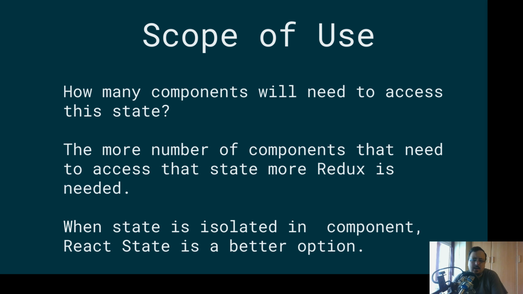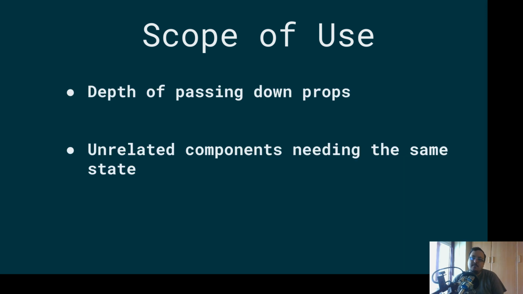So that would be an example to put it in Redux, and if it's just in a unique component, just keep it in React state. I just mentioned this even when I was going through the duration case, because it's the basic one. We can look into how many times we pass the state as props between children.